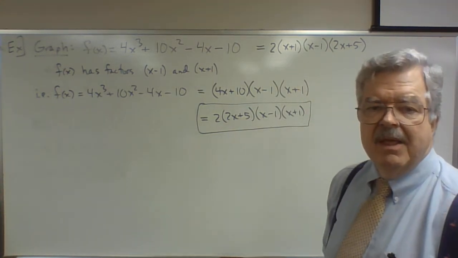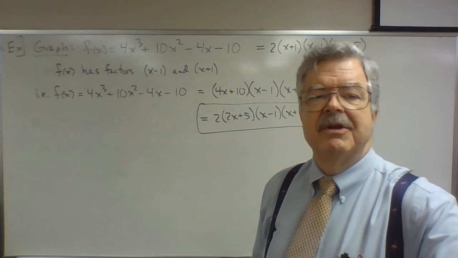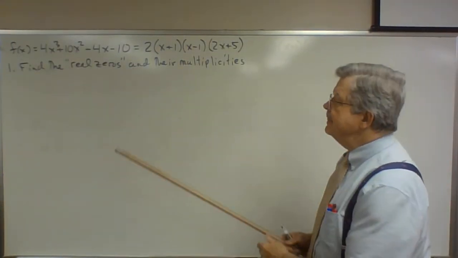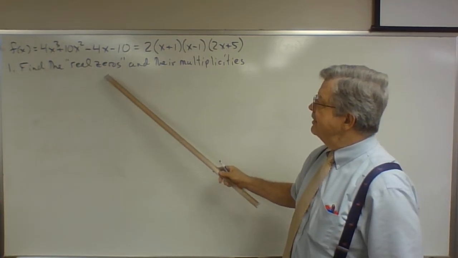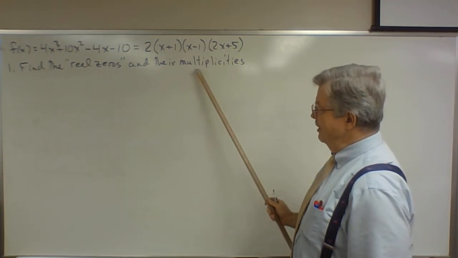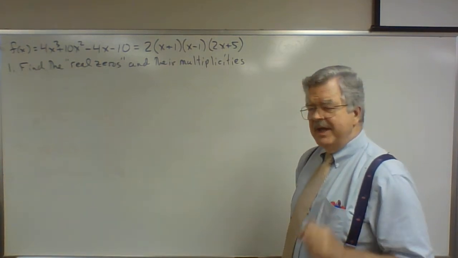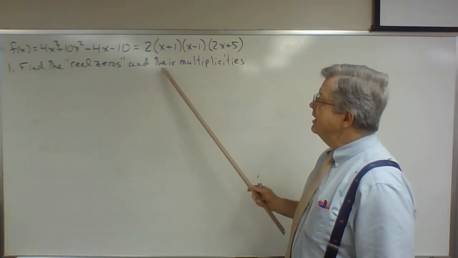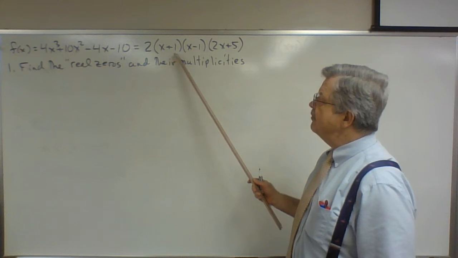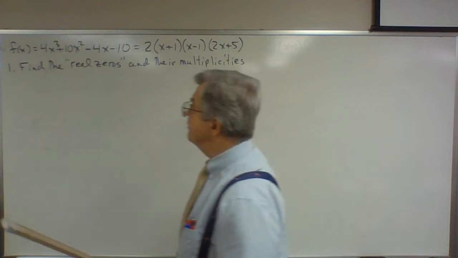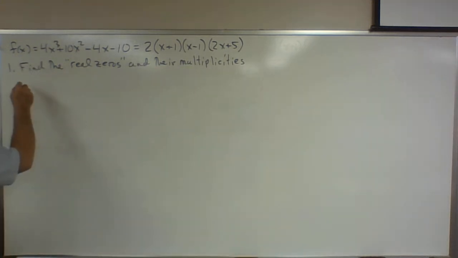Beautiful. Next thing we're going to do is look at our real zeros. Next thing on the agenda, find the real zeros of our polynomial and their multiplicities. And the best way to do this is just to take the factored form of f of x and set it to 0 and solve for x.